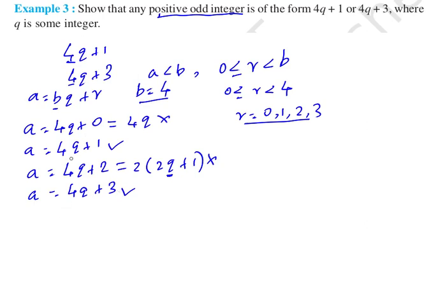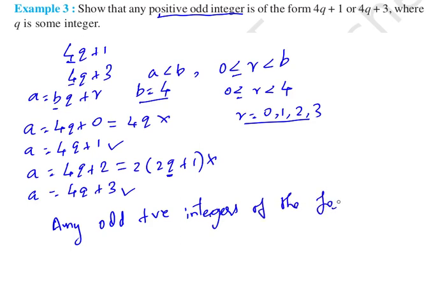So any odd positive integer can be written in the form of 4q plus 1 or 4q plus 3. Next example.